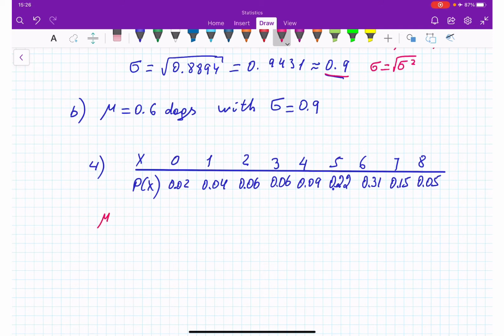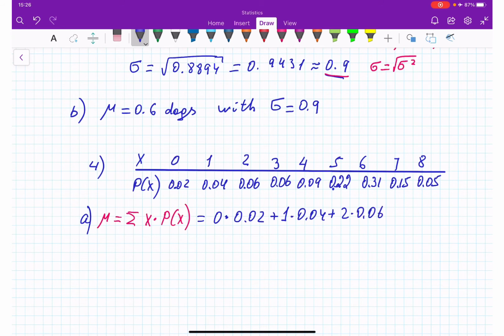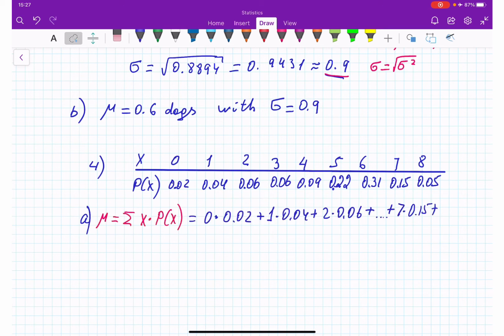This is A. The mean is going to be equal to the sum of x times probability of x, which is going to be 0 times 0.02, plus 1 times 0.04, plus 2 times 0.06, continuing, plus 7 times 0.15, and then plus the last one, 8 times 0.05, which is going to be equal to a total of 5.1 if you round it up.